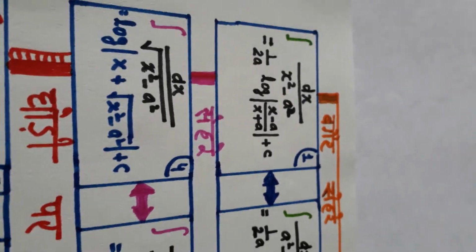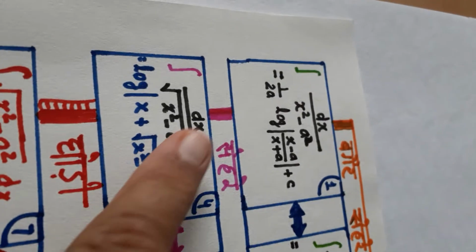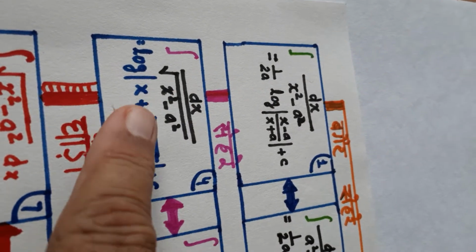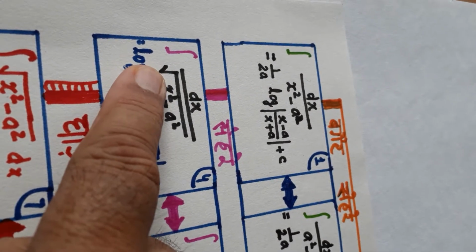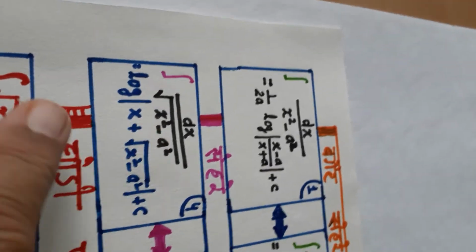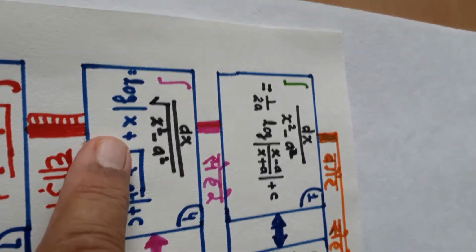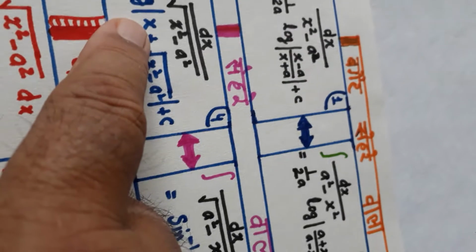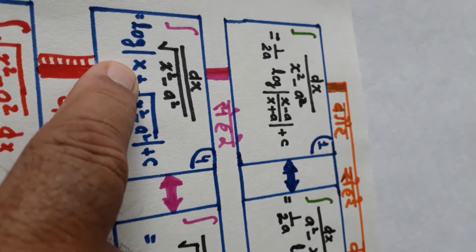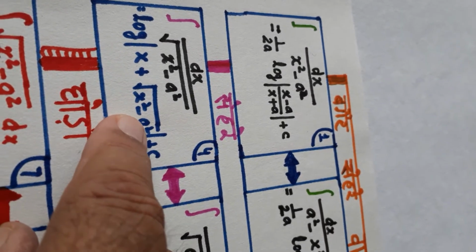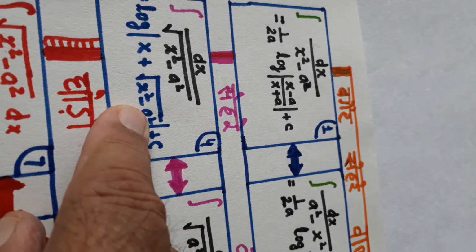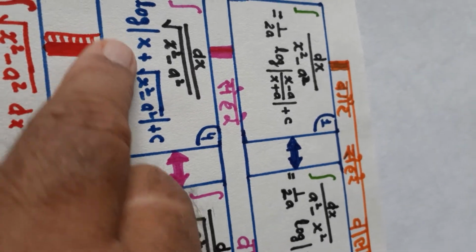Now, look here, the same dula is there as here, but there is a sera here. Now this is in terms of log, this is in terms of log. So log, this x is the garland of notes, and the same sera wala dula is there. So sera wala dula gets the garland of notes.